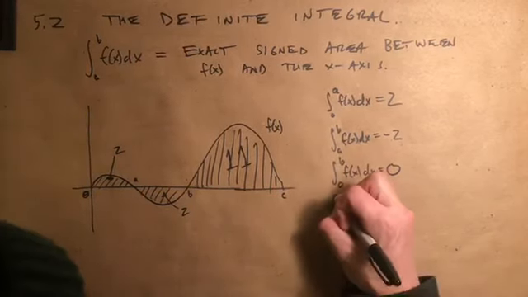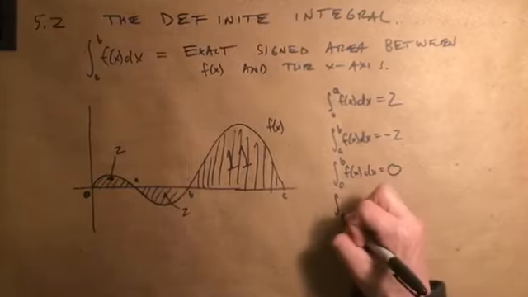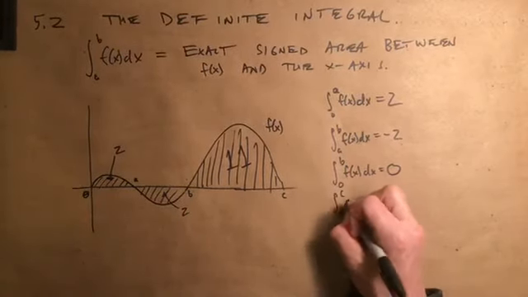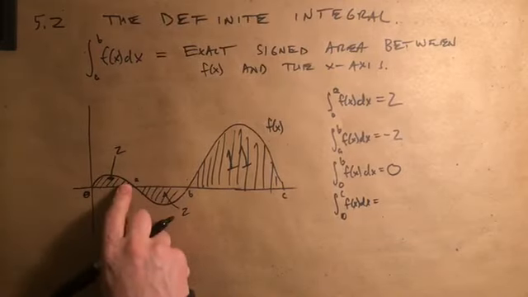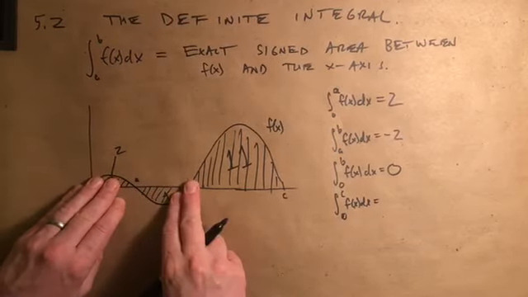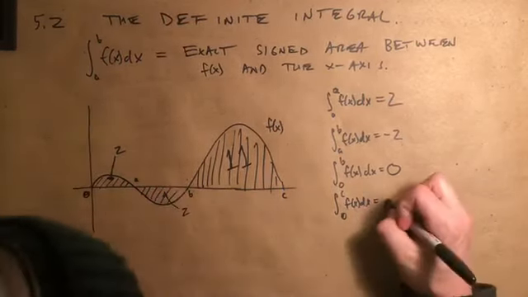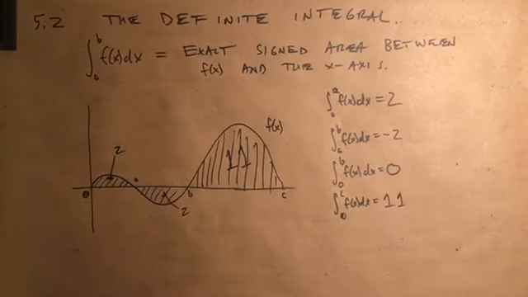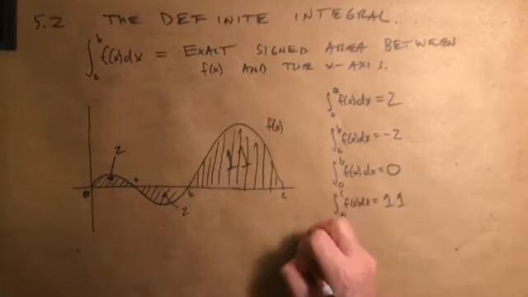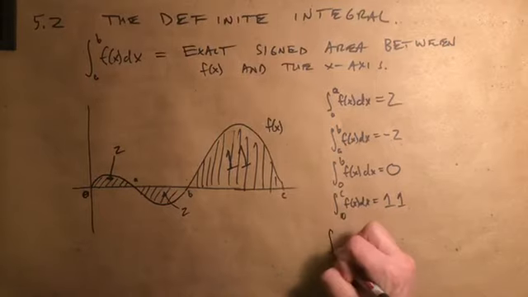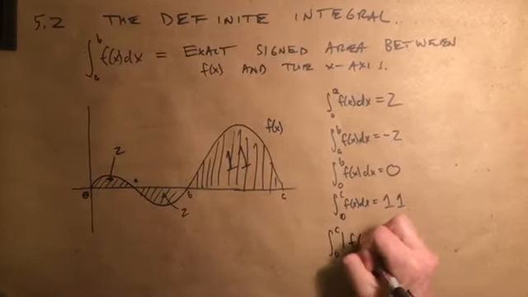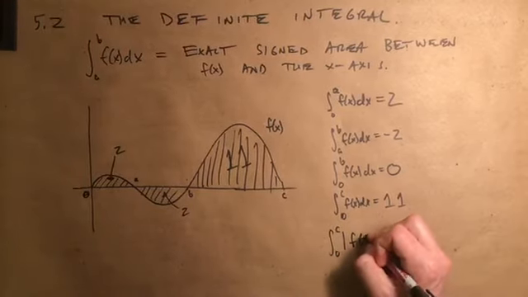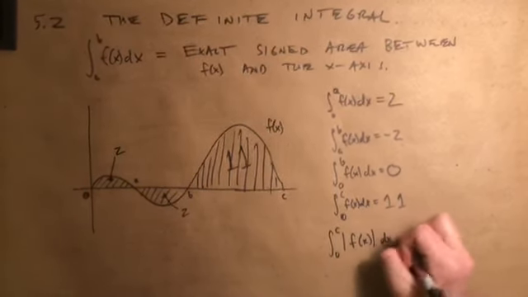Let's go for a couple more. Let's go from 0 to c of f of x dx, and we'll see that I went positive 2, negative 2, so I've netted 0 here, and then I've gone up a total of 11. I've got one last question for us. I want the integral from 0 to c of the absolute value of f of x, still having dx.